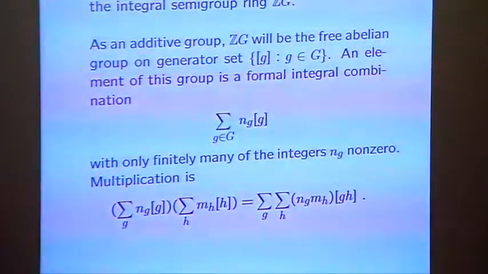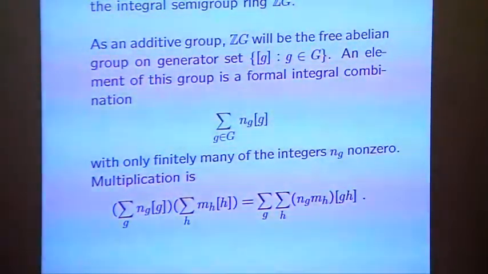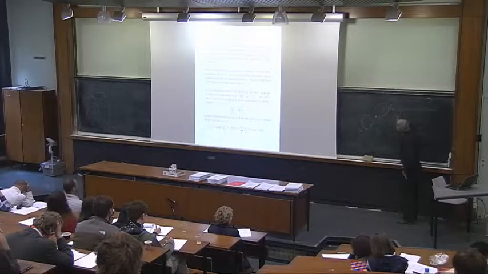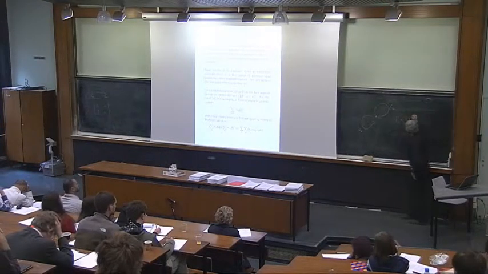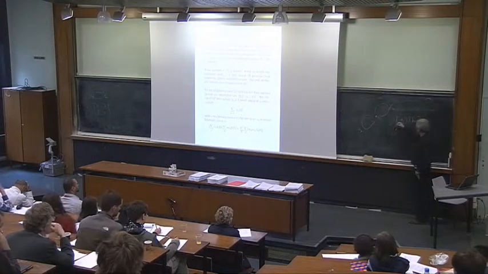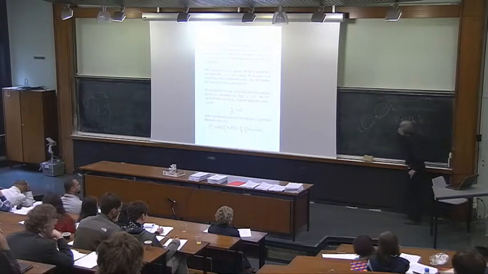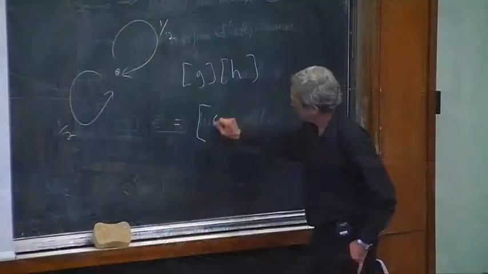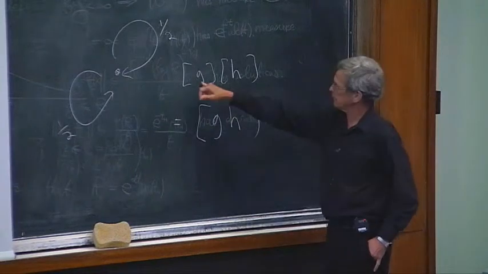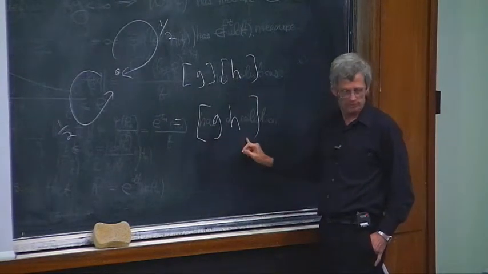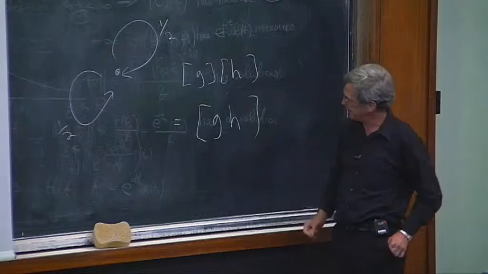Multiplication is going to be forced by requiring the following. What should this be? Well, the group structure should come into play. The product of two generators should be the corresponding generator.